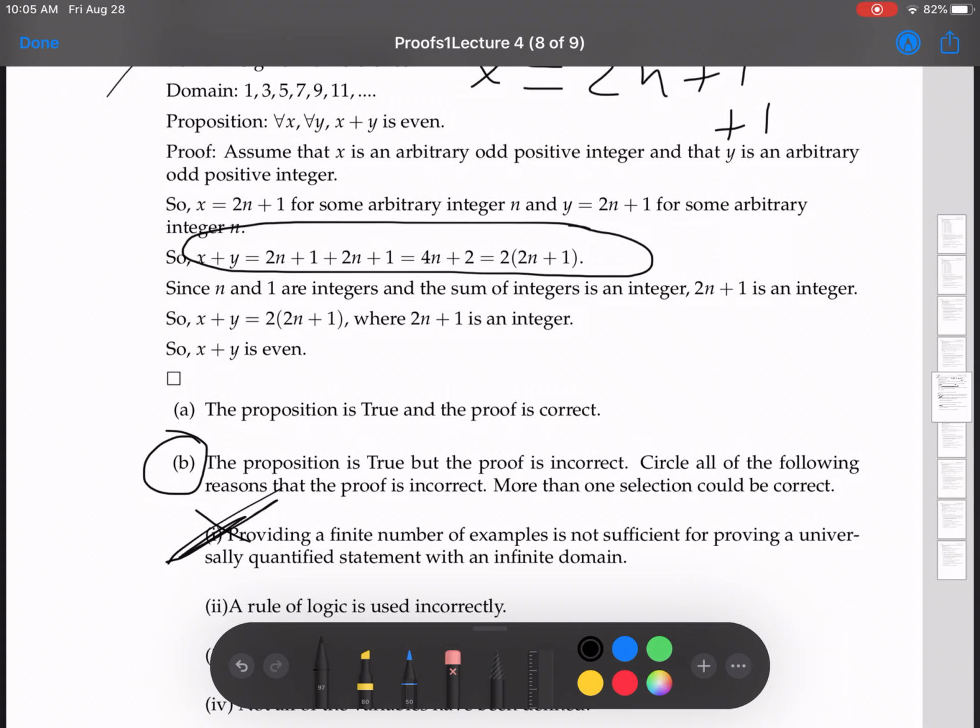That's correct math. You're just being too specific. You're not really proving that x plus y is even, no matter what x and y are when you choose from odd positive integers. This right here is proving that x plus y is even when x and y are in fact the same odd positive integer.